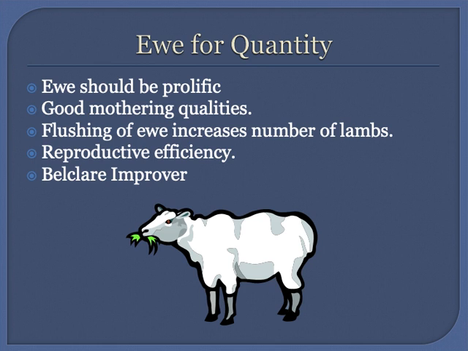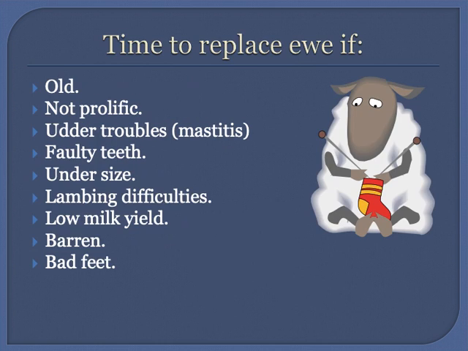Now, how would you know if your ewe needed to be replaced? Well, if she's gotten old, if she's not prolific anymore, if she's had a couple of singles in a row, certainly if she's having udder troubles, if she's having repeated mastitis, it's time for her to go.